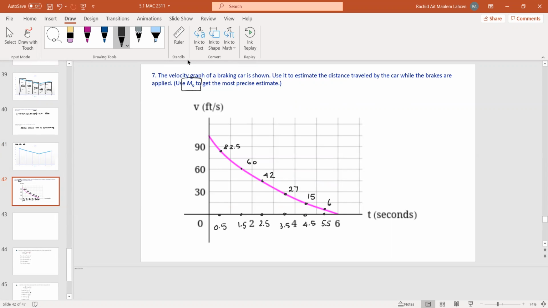And once we do the midpoints, right, then we see that between 0.5 and 1.5, that's 1. So delta t here is 1. Delta t is 1.